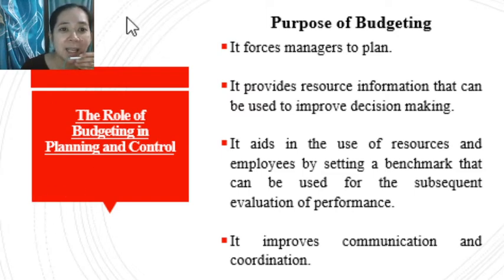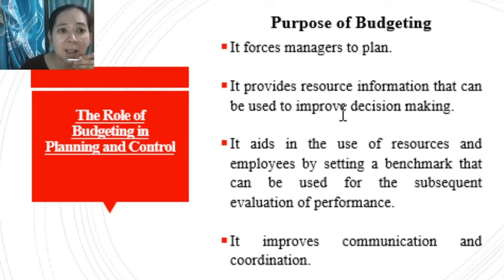Okay, second, it will also provide resource information that can be used to improve decision making. So again, basically, if the budget will be made for each department and for each activity, therefore, those persons who are directly involved in the activity or in the department will know what the actual needed budget is in terms of costs, in terms of expenses.